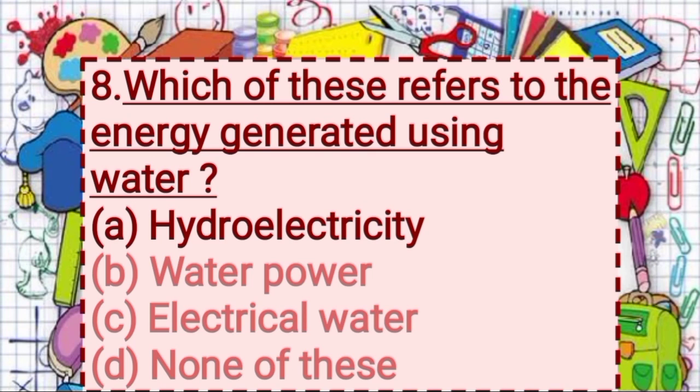And option D, none of these. So answer is option A, hydroelectricity. Means hydroelectricity refers to the energy generated using water.